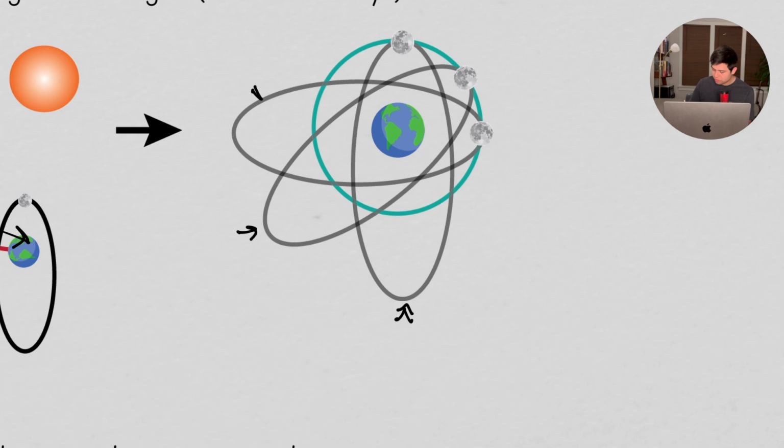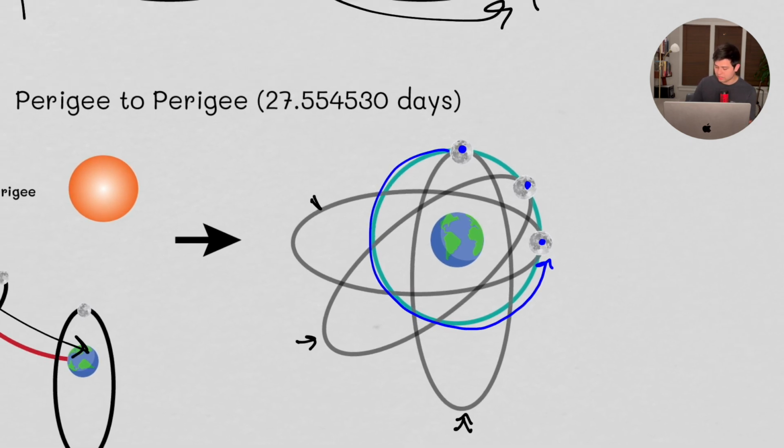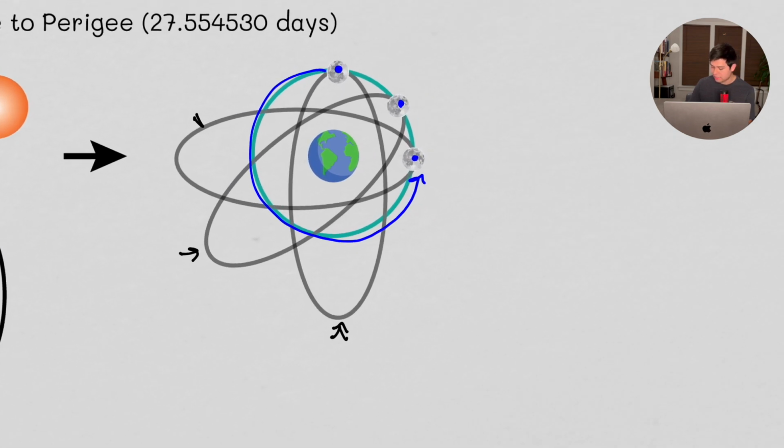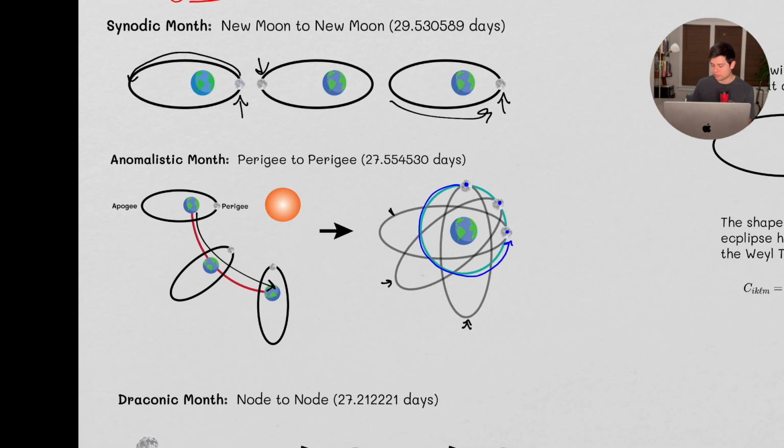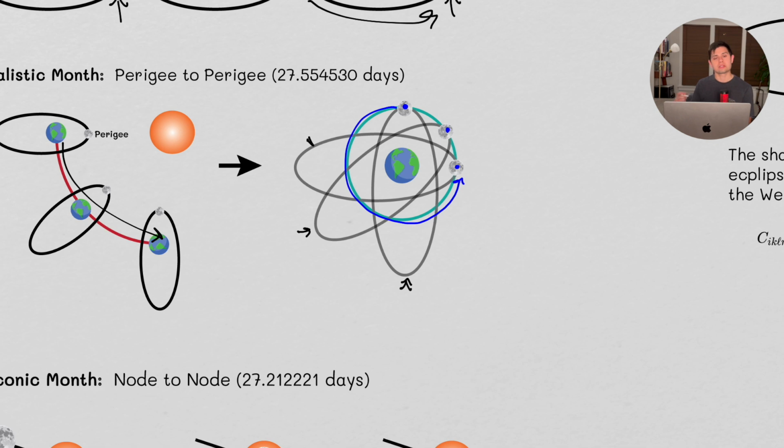If we keep the Earth fixed, what we end up seeing is that the perigee changes position, and it eventually comes back full circle. That full circle takes about 27.5 days. So there are two types of rotations going on here. One is the rotation of the moon around the Earth, and the other is the rotation of the perigee itself, which is a product of the Earth rotating around the Sun.